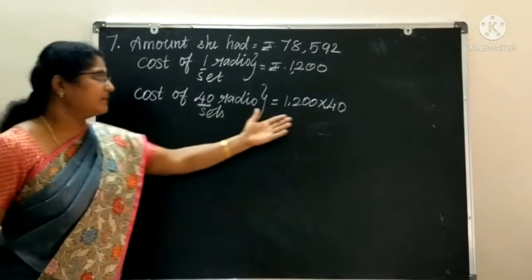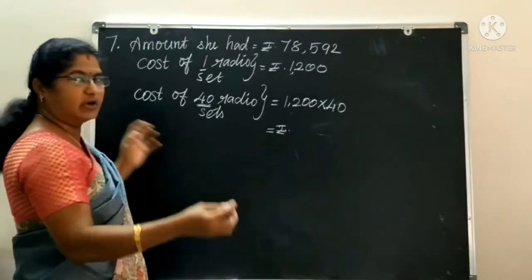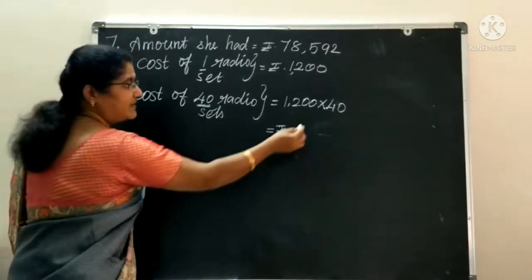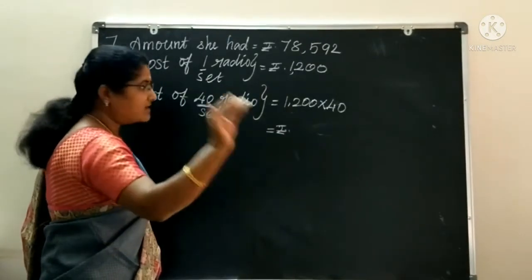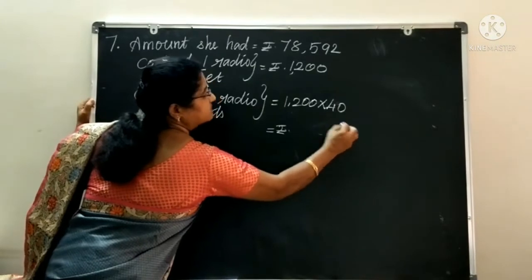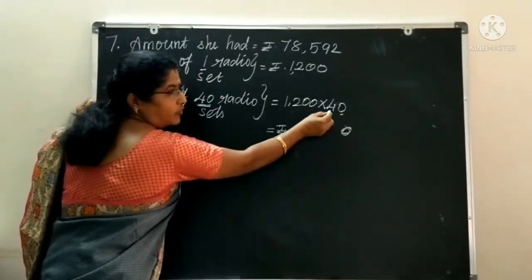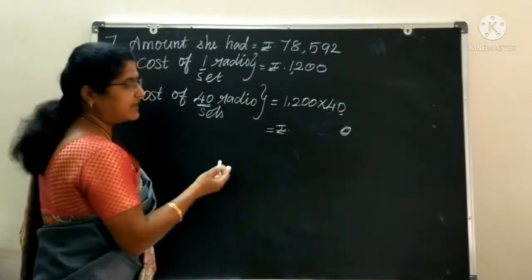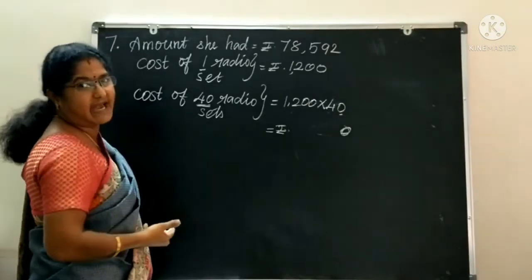For multiplying with zeros, very easy. We need not put all zeros. When you multiply with 0, everything we get is 0. So that means in one's place only 0. So one's place 0, write the 0. Next we multiply by 4. Okay, this is double digit, but in double digit that is 0, so we can write it directly.